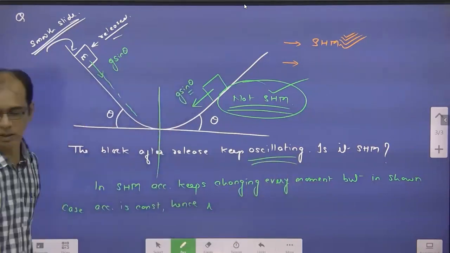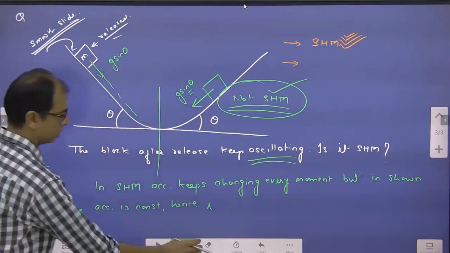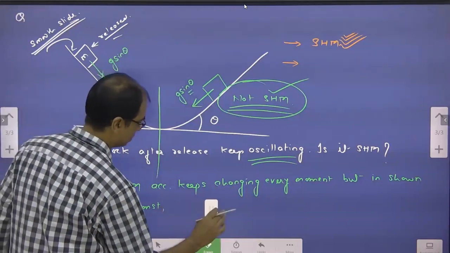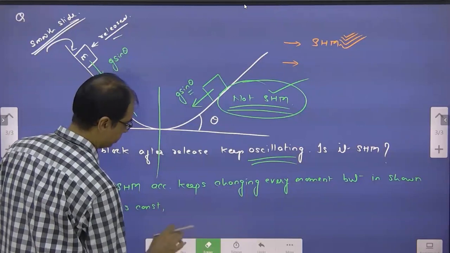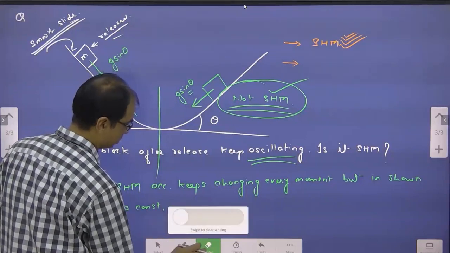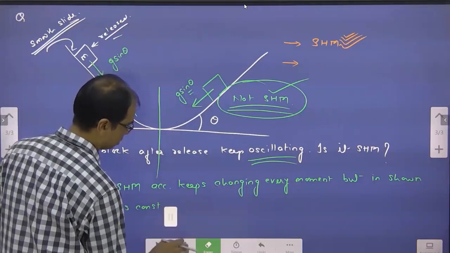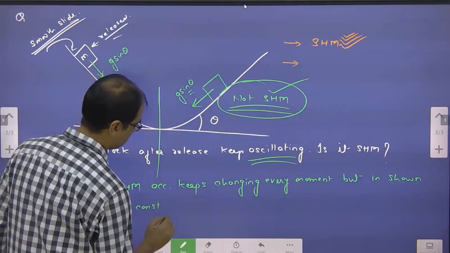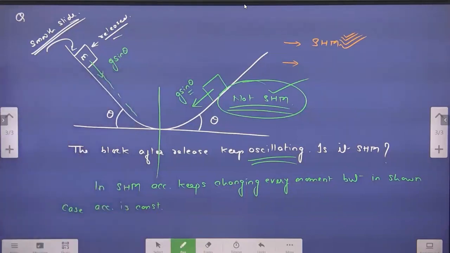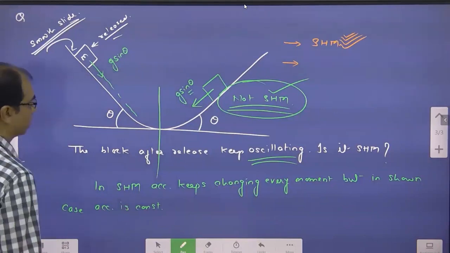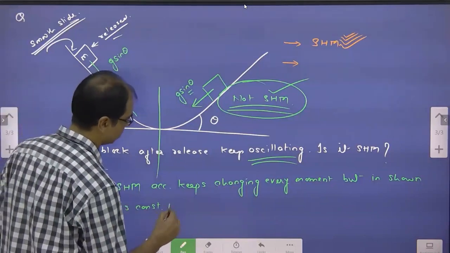So no need to write again. In SHM, acceleration keeps changing every moment, but in this one it is constant. That's why it is not SHM.